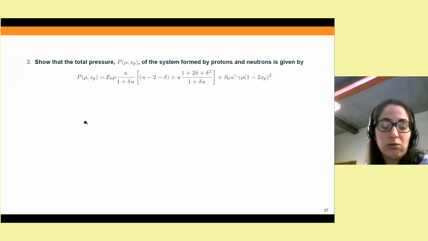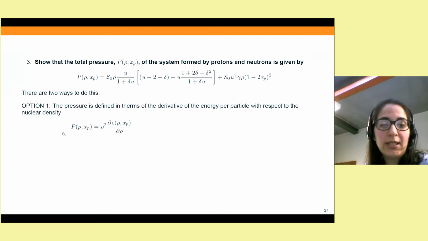We can do it in two different ways. The first way is applying this expression that we saw in the lectures yesterday. The pressure is defined as the density squared times the derivative of the energy per particle with respect to the density. We are given this expression, so it's again deriving these expressions here, and we can obtain the pressure.